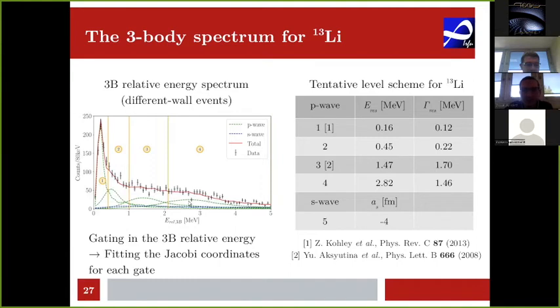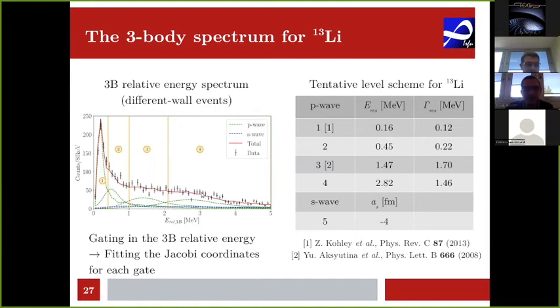As I mentioned earlier, we see structures, meaning that we populate resonance states of lithium-13. And here in this chart, I sum up the different resonance states that we propose to reproduce this three-body energy spectrum.